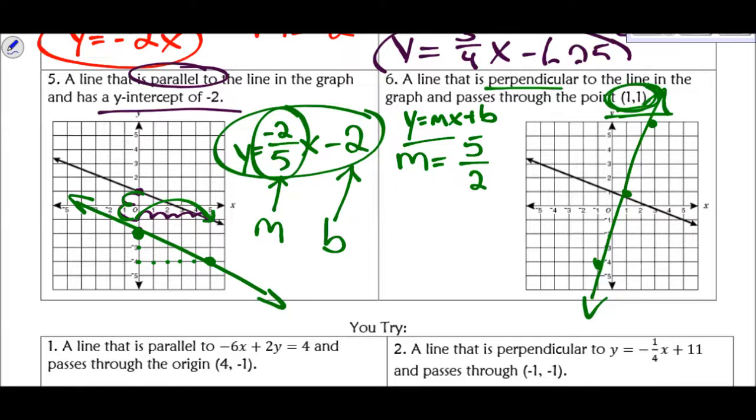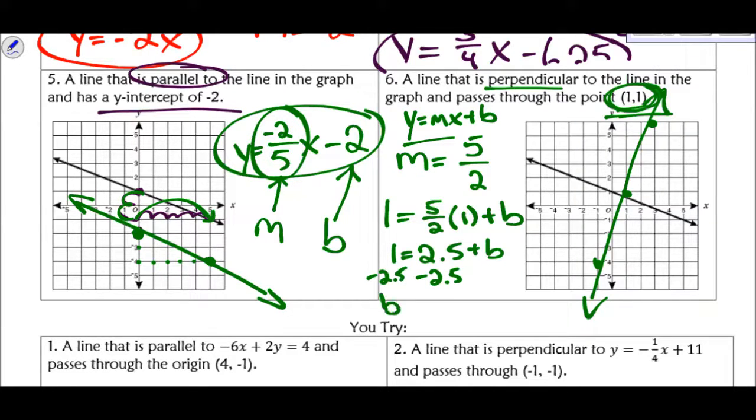So I'm going to plug in 1 for my y and for my x, and I'm going to solve for b now. 5 divided by 2 is really 2.5, so 2.5 times 1 is just 2.5. And then I have to subtract the 2.5 from both sides.